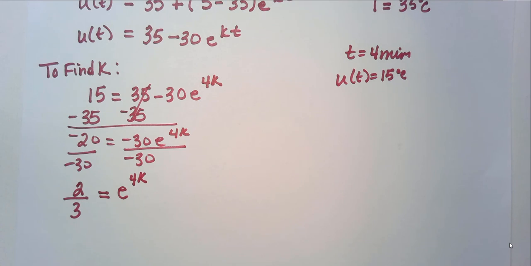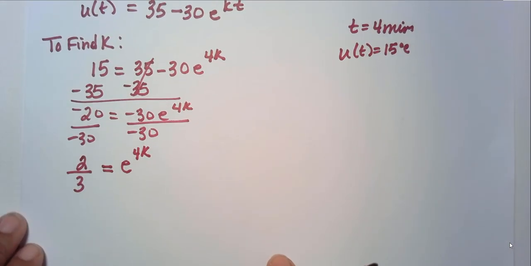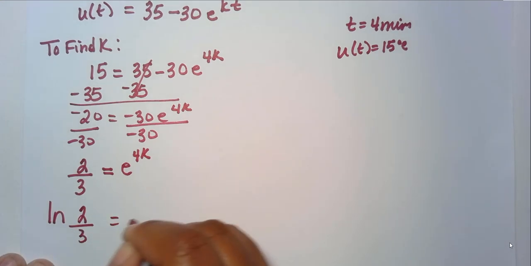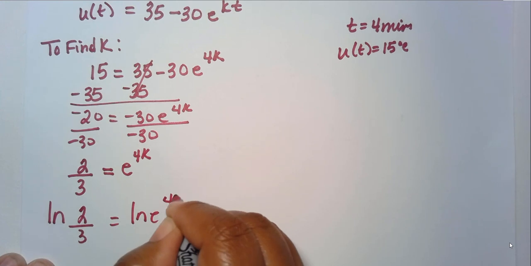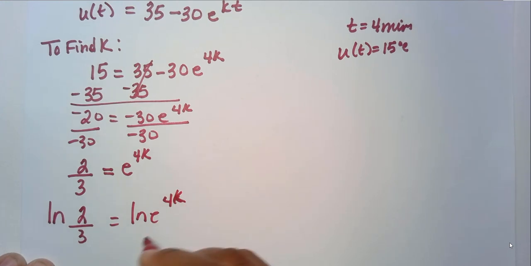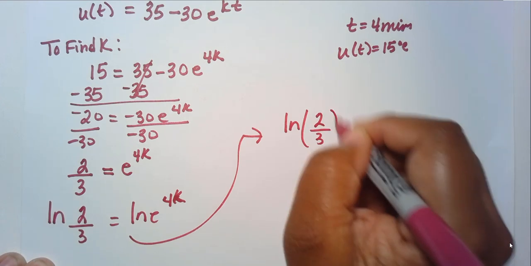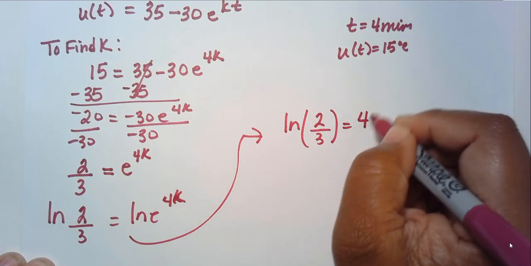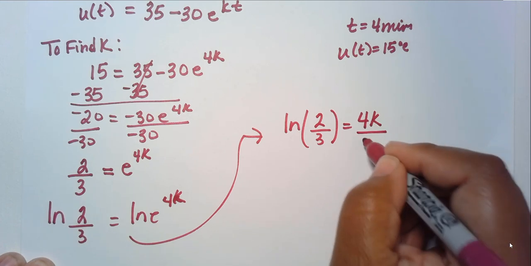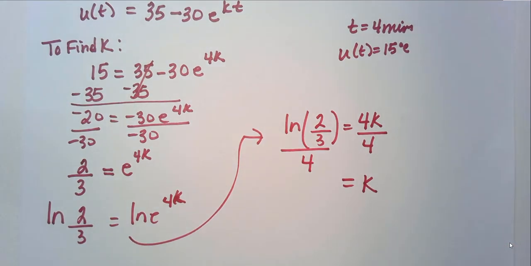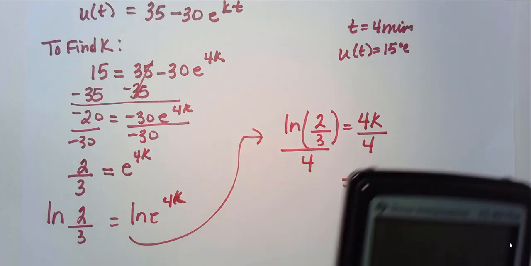Then we take the natural log of both sides, and we have ln of 2/3 is equal to 4k. Divide both sides by 4, and k is equal to ln of 2/3 divided by 4.